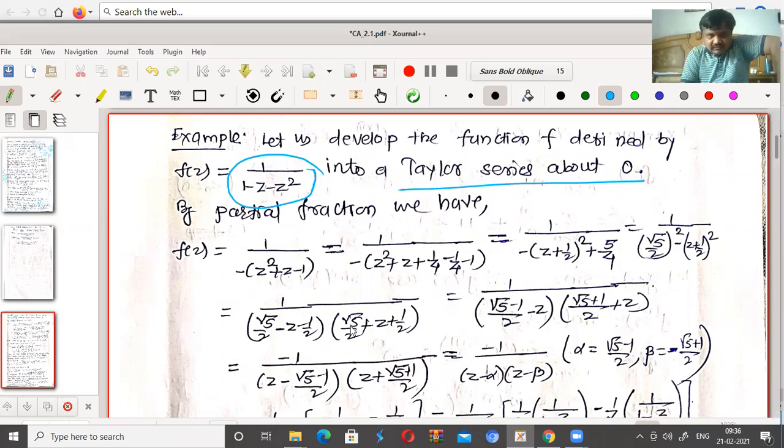By partial fraction, we have f of z equal to 1 upon minus of z square plus z minus 1. Which is equal to 1 upon minus of z square plus z, and we are making a perfect square. Z square plus z plus 1 by 4 minus 1 by 4 minus 1.